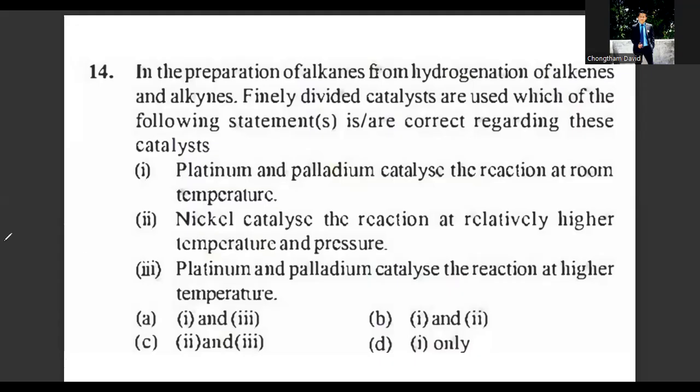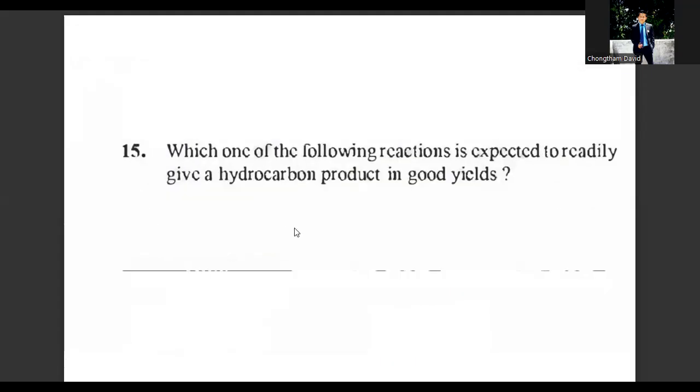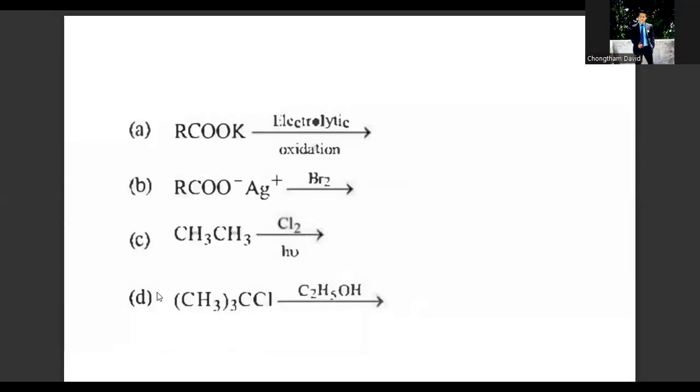Now, question number 15. Which of the following is expected to readily give hydrocarbon in good yield? Let us see the options. Potassium salt of carboxylic acid, silver salt of carboxylic acid, ethane, then you have a tertiary haloalkane. See, in the electrolysis of a concentrated aqueous solution of either sodium or potassium salts of saturated carboxylic acids, it yields a higher alkane at the anode.